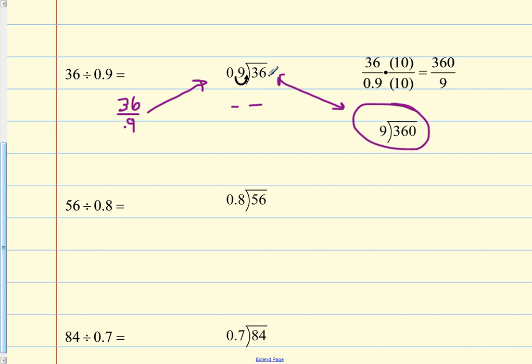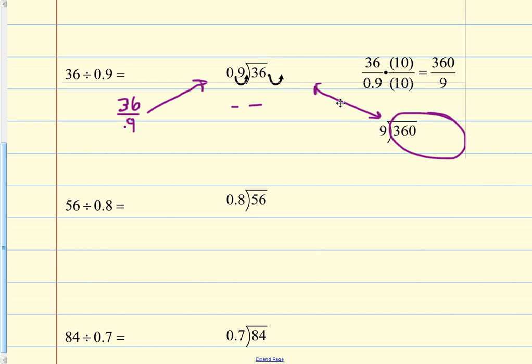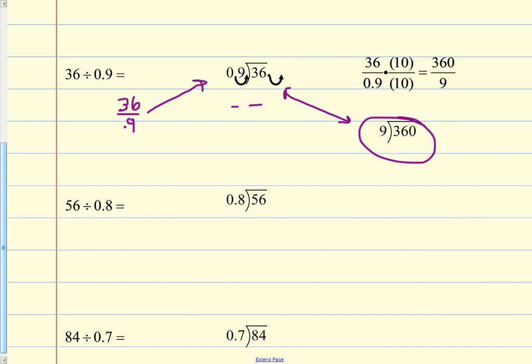It's really 36 point. And we have moved it over. Well, when we do that, what do we need to do? We need to slip a 0 in there. So it becomes 360.